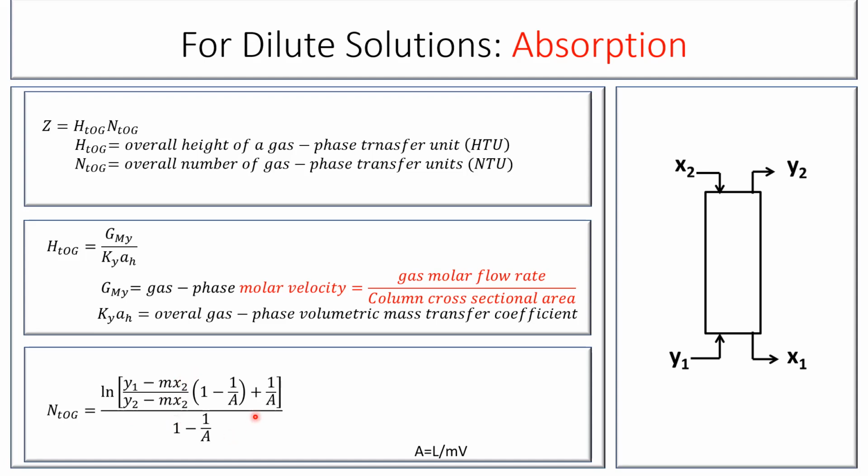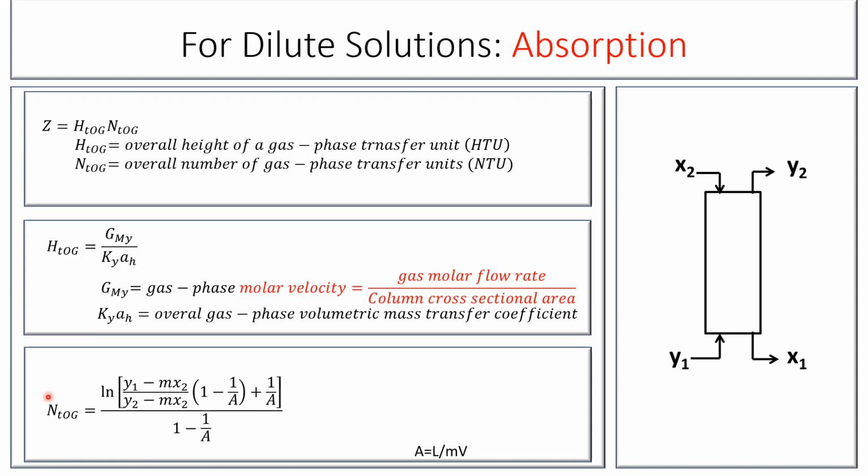With x2 equal to 0, this term is gone, so the number of transfer units will be equal to ln y1 over y2. And this is obviously only for the case where we have a very soluble solute in the solvent, and this usually takes place when you have a reaction involved in the system.